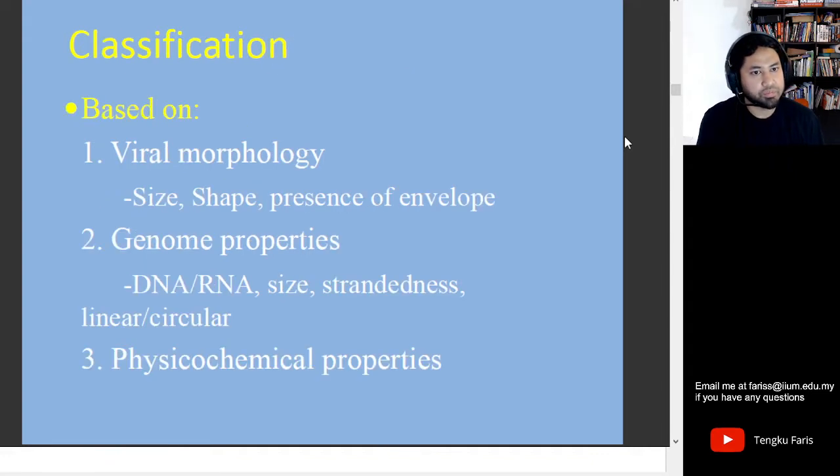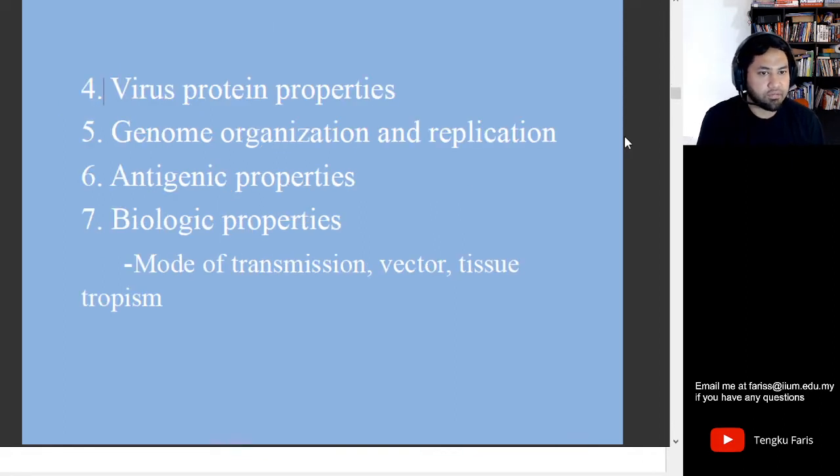If you talk about classification, how we can categorize the virus based on the characteristics that they exhibit: the viral morphology, based on the size, shape, length, the presence of envelope. The genome properties: DNA, RNA, size, strandedness. Whether the DNA is circular or linear, and the physical-chemical properties. This is the classification of the virus.